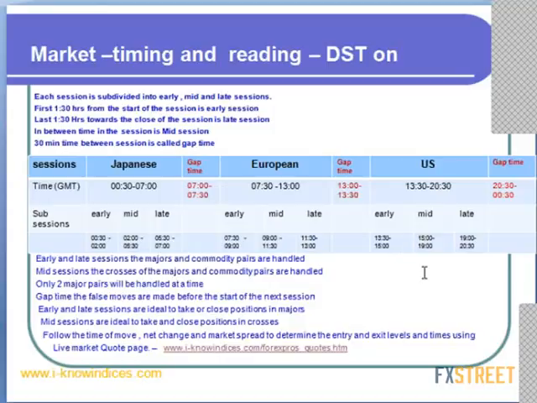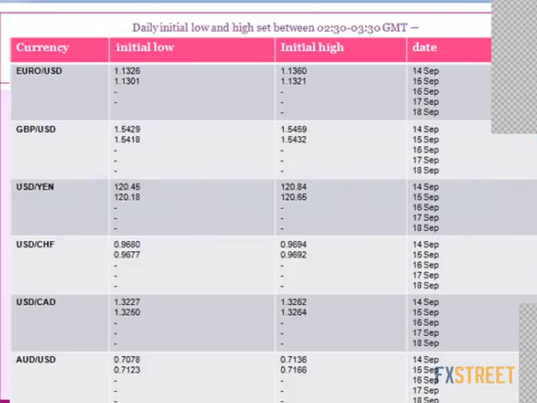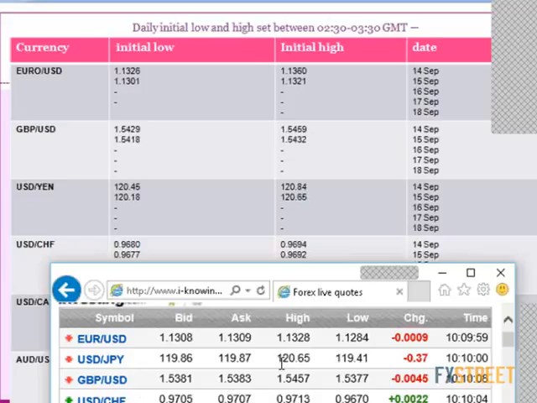And after around 14 GMT, till that time, if they don't breach the lows and the highs, then we can take a buy position near the low and sell position near the high as a swing trade. But what has happened in the case of Euro, they just breached the initial low and came down.